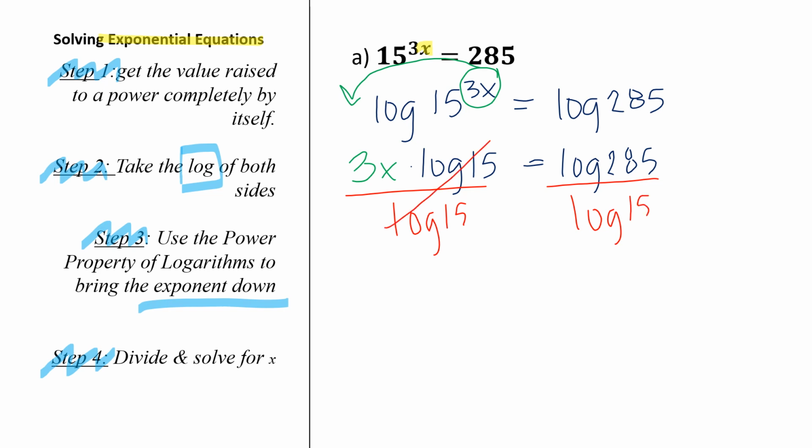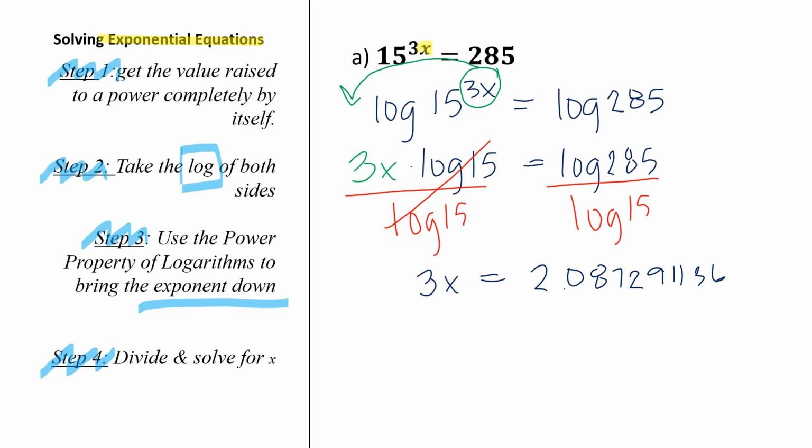That way my log 15s cancel out and I have 3x equals log of 285 divided by log of 15, which I type into my calculator. I get a very long decimal: 91136. I'm not going to round it yet because rounding too early would set my answer off.